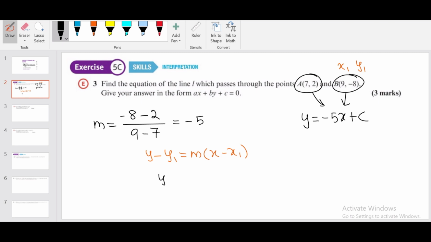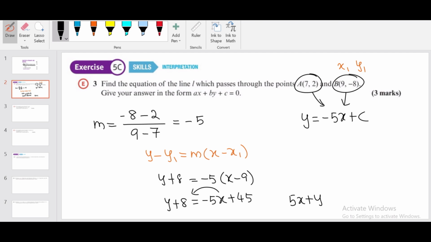So y minus of minus 8 is equal to slope times x minus 9. You'll get y plus 8 is equal to minus 5x plus 45. You put everything one side, you will get 5x plus y minus 37 is equal to 0.